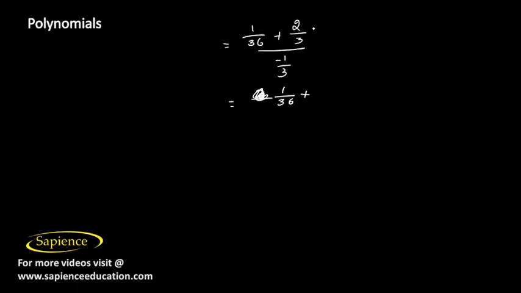So we multiply 12 in the numerator and denominator. So 12 times 2 will become 24, 12 times 3 is 36, divided by minus 1 by 3.